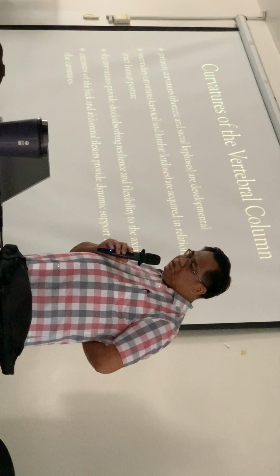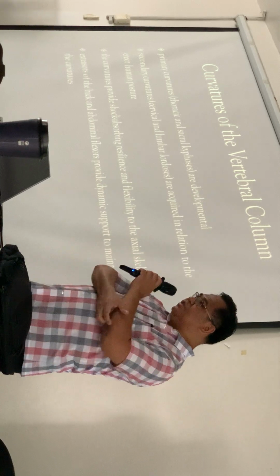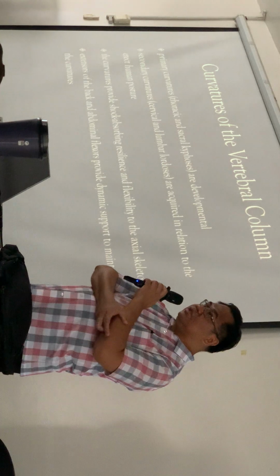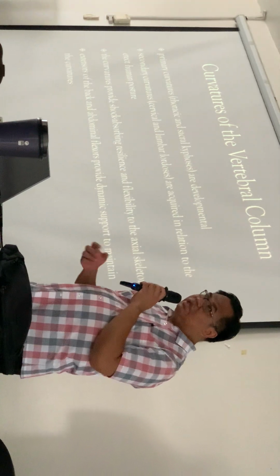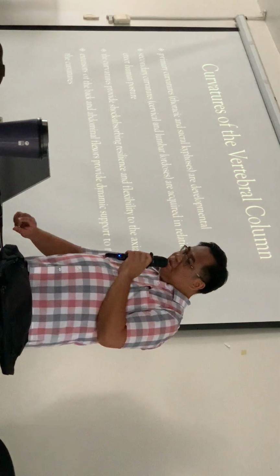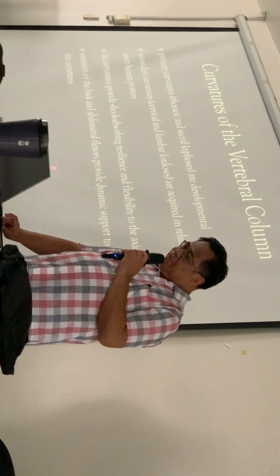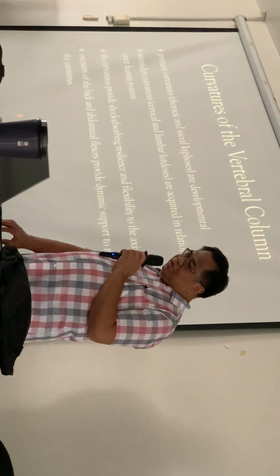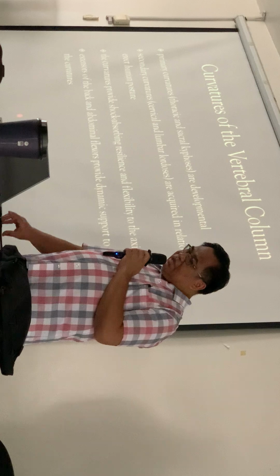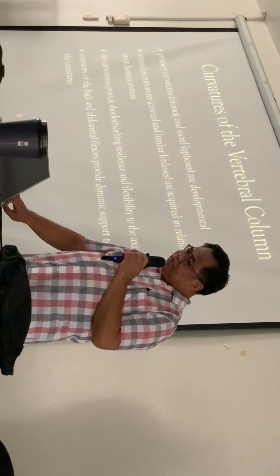The curvatures provide shock-absorbing resilience and flexibility to the axial skeleton. So the curvatures allow us to walk and run and jump, and the spine is able to absorb the forces. Extensors of the back and abdominal flexors provide dynamic support to maintain the curvatures.